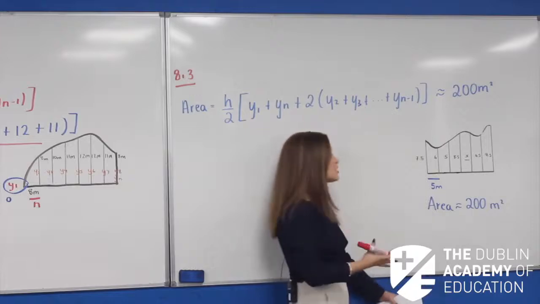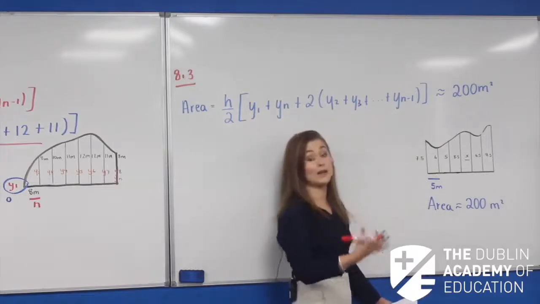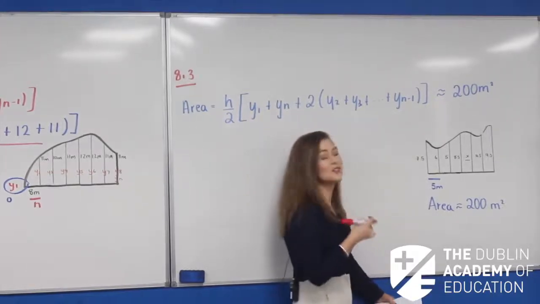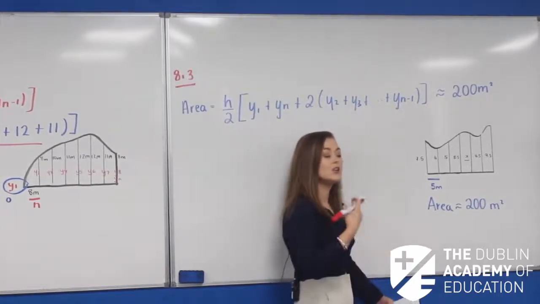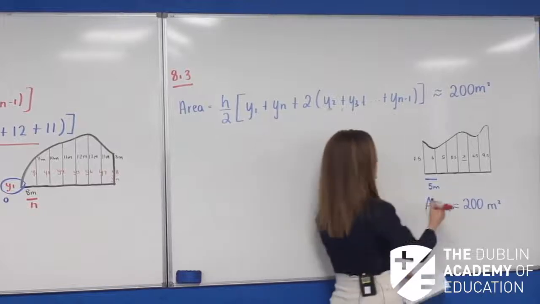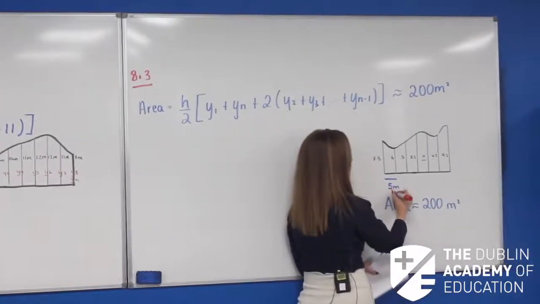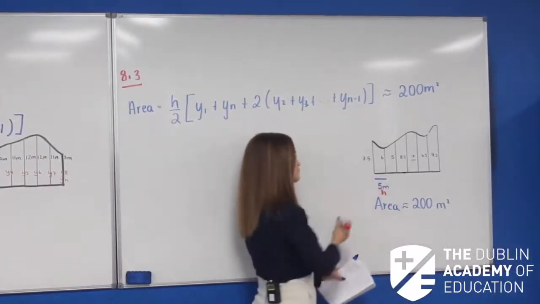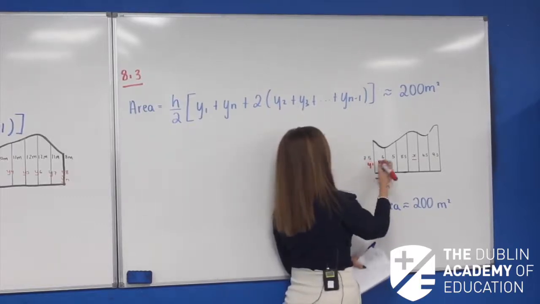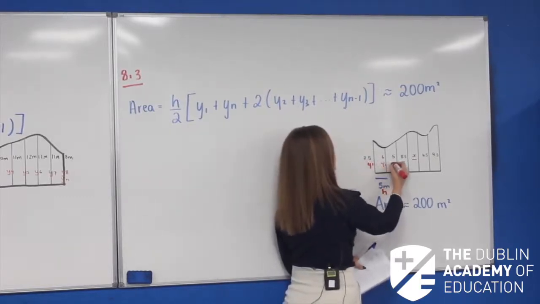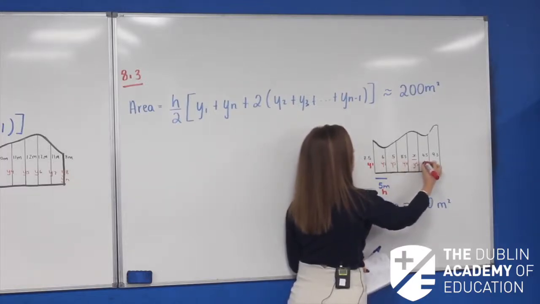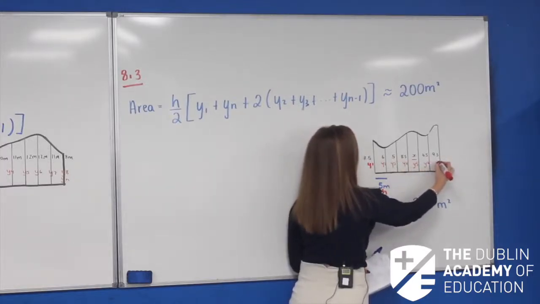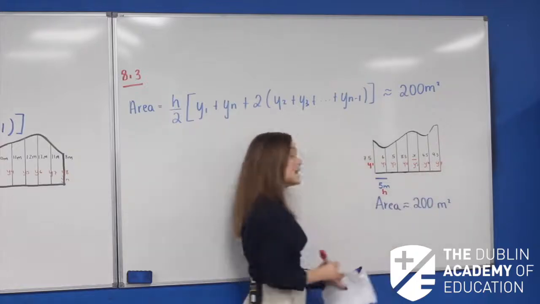If you don't label, you're just showing your examiner you're a little bit lazy, and more than likely in the exam, if you're not used to labeling, you're going to make a simple mistake. So here, h is 5 meters. We have y1, y2, y3, y4, y5, y6, and finally my last one, y7.